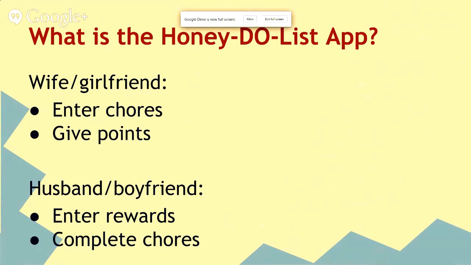What I mean by that is the main person is going to insert chores or tasks that they want completed, and they will give those tasks a certain amount of points. Then whoever they want to complete those, whether it be their husband, boyfriend, or roommate, can complete the chores and check them off, and when they check them off, they receive a certain amount of rewards that they can use to get something with.